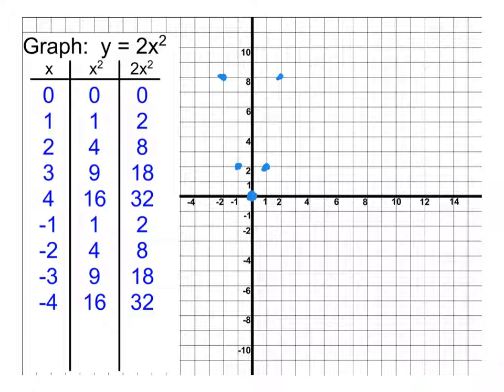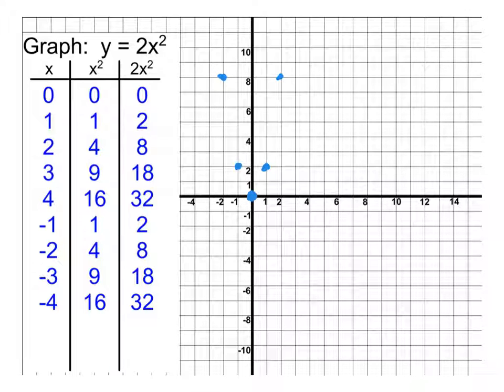Is to say, okay, normally I go up 4, but in this case, I'm doubling it. So I go up 8. And so we can use that same kind of thought process to see where that next point would go, because I would say, well, normally I go over 3 and up 9. Instead, for this one, because I'm multiplying by 2, I would have to go over 3 and up 18.